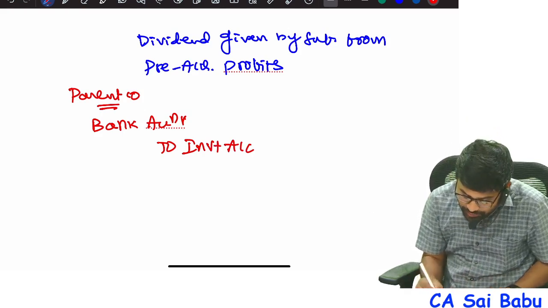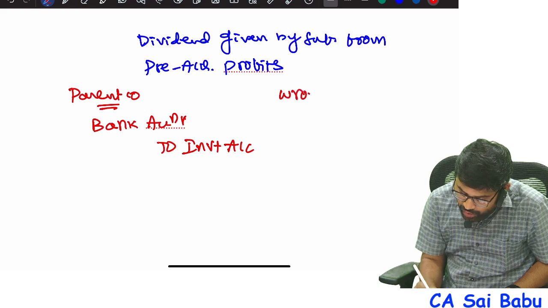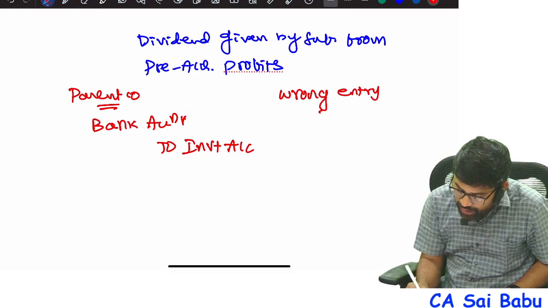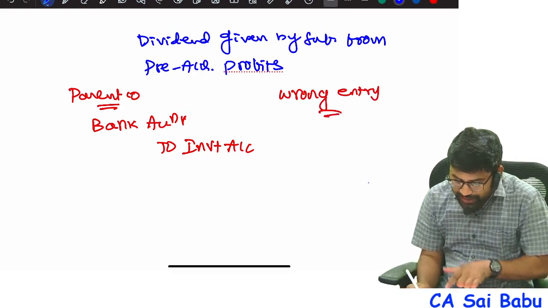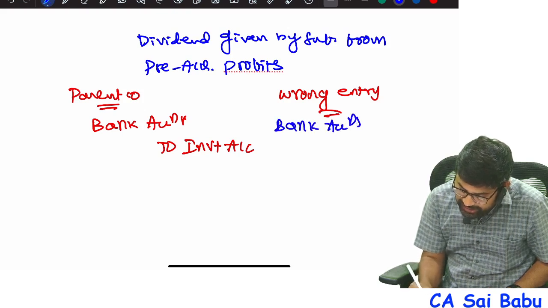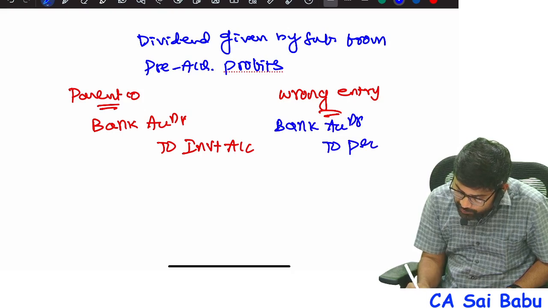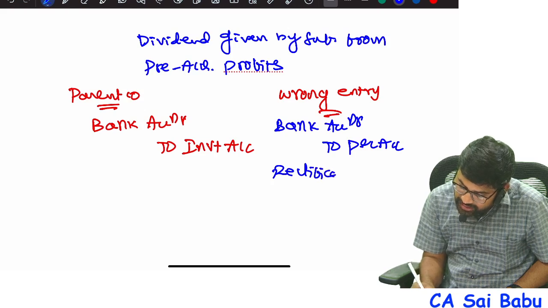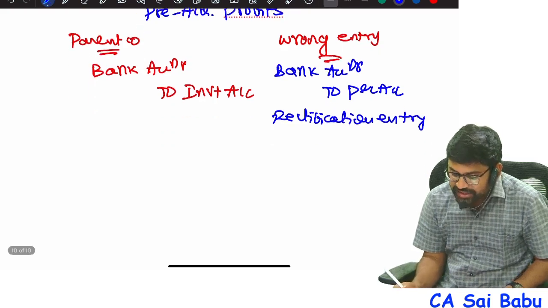But sometimes what they will do is parent company will write a wrong entry. What is the entry they will write? Instead of adjusting to cost of investment, this entire dividend they credited to P&L account. Now you need to pass a rectification entry. Can you tell me what will be the rectification entry?